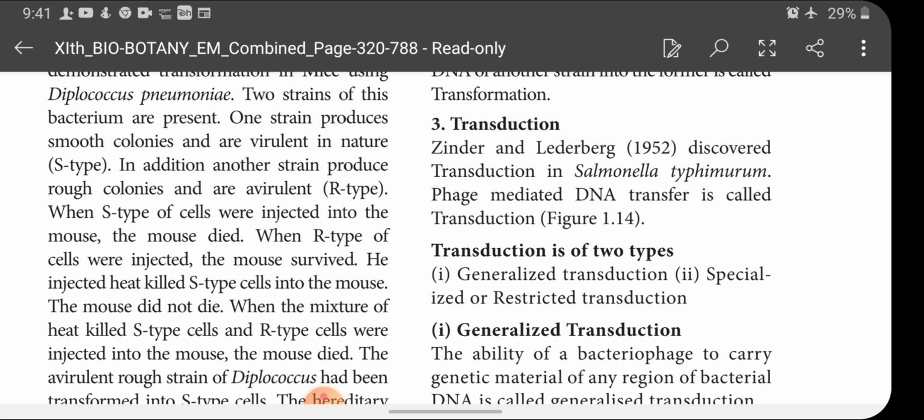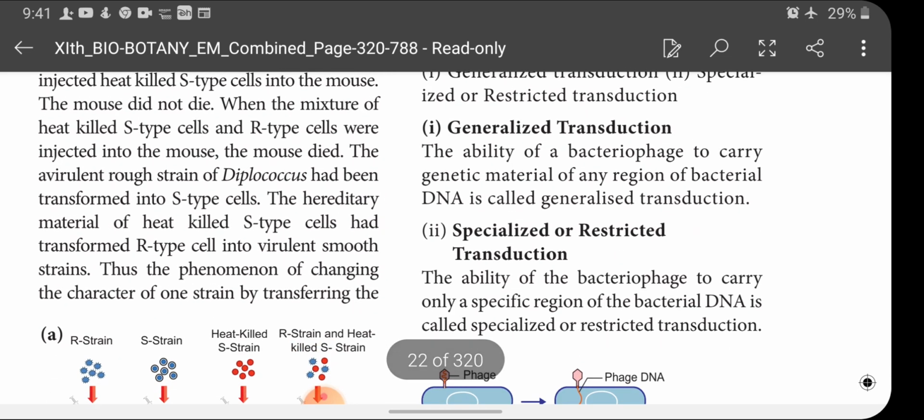There are two types of transduction: generalized transduction and specialized or restricted transduction. In generalized transduction, the ability of a bacteriophage to carry genetic material from any region of the bacterial DNA is called generalized transduction.